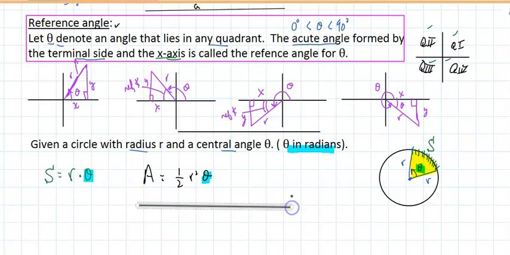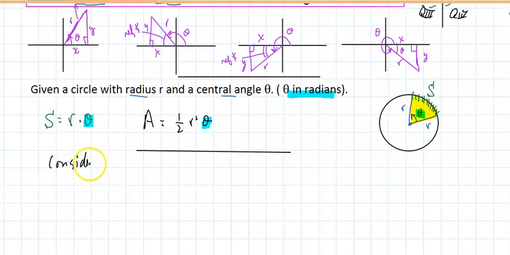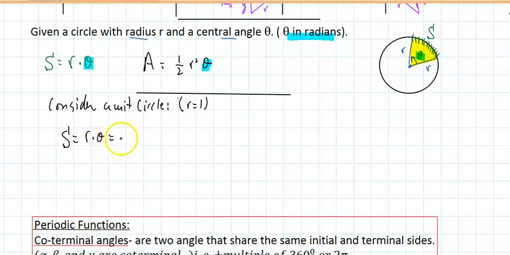And now to put everything together, if I consider a unit circle, and if you recall what a unit circle is, that's a circle in which the radius is 1. Then S will equal r times theta. That's really 1 times theta. That's theta.